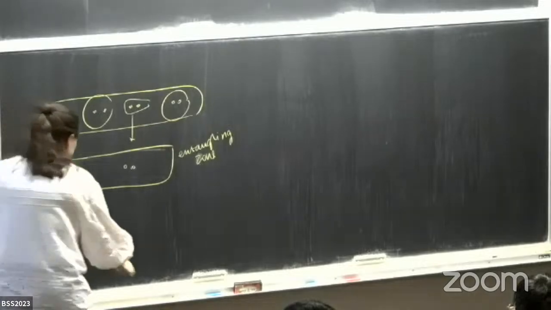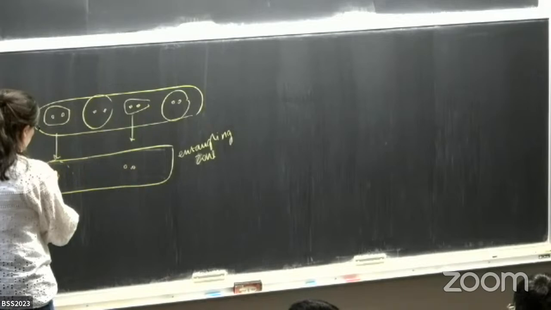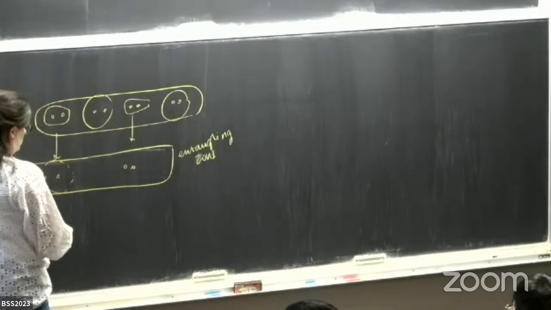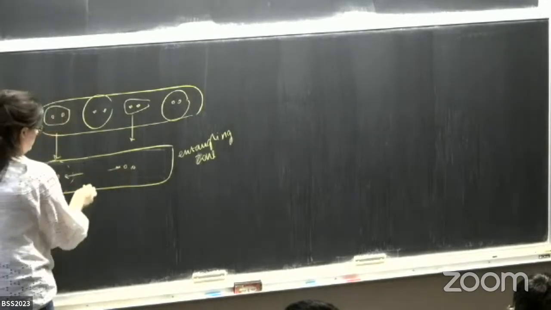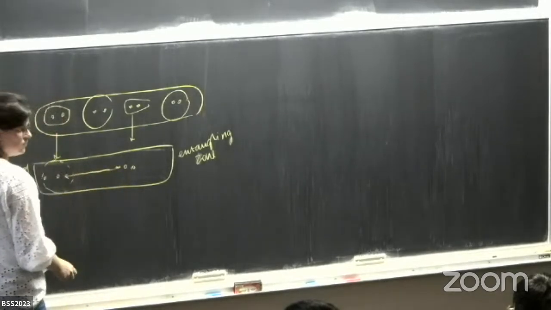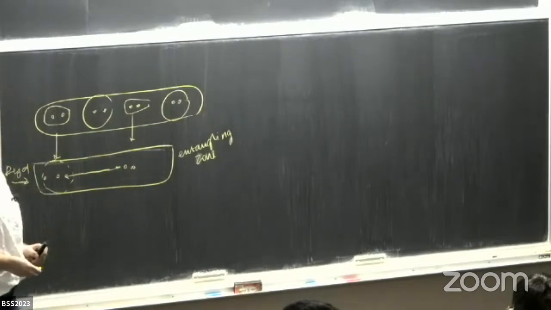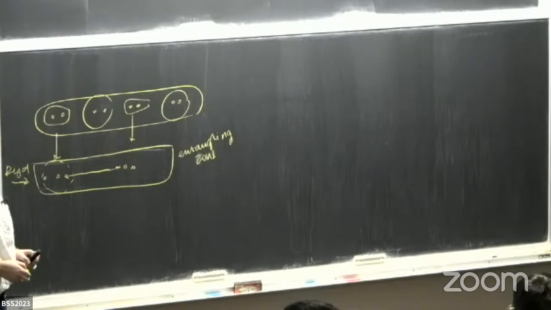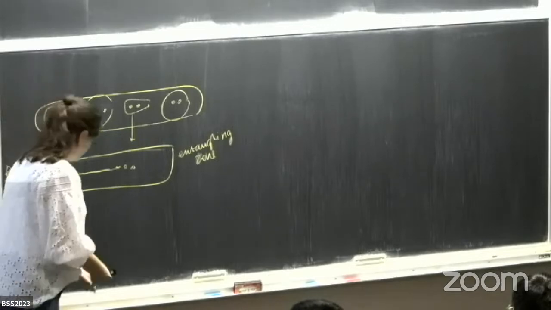The CZ gate happens if your atoms are within a blockade radius of each other. So this one and this one are not interacting. It's two separate pairs. Yeah, exactly. And I'm going to show an experiment that does exactly that in a second.